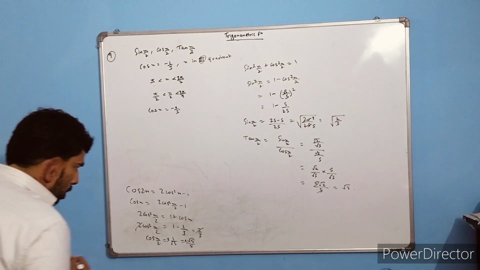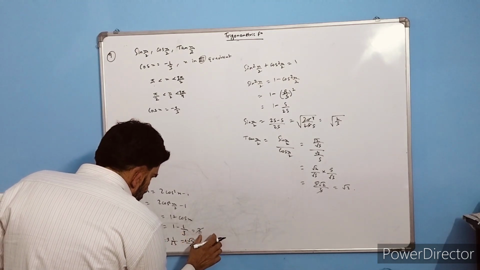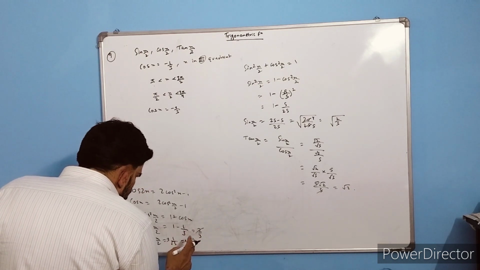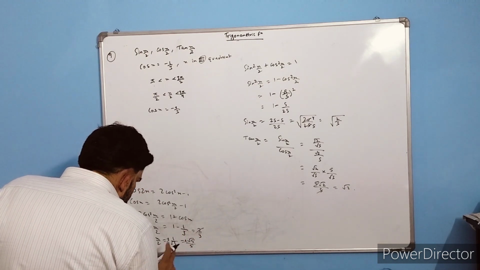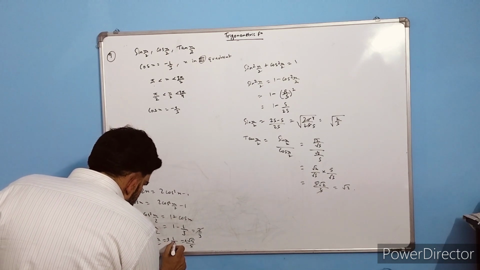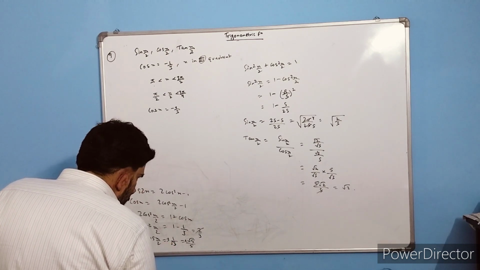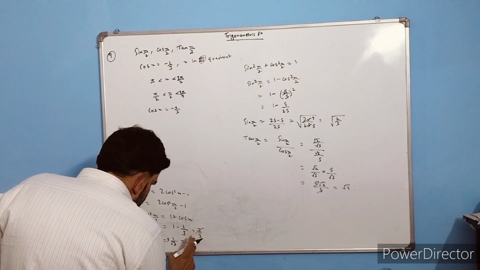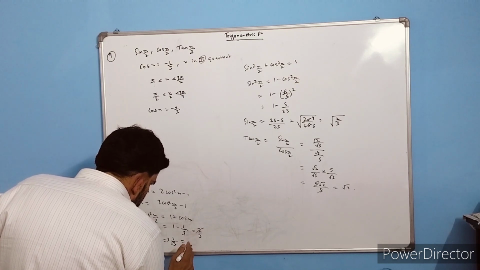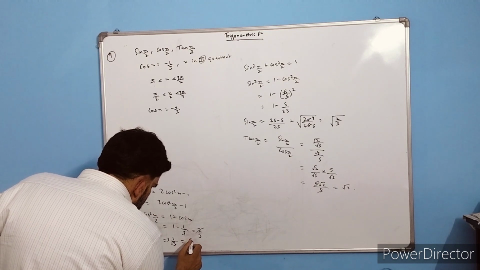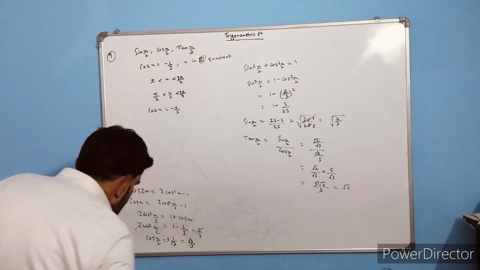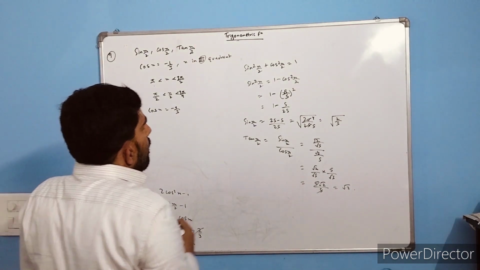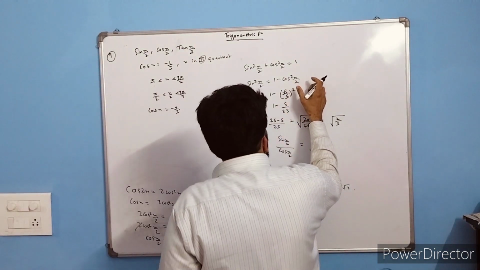Okay, so we got 2 upon 3. To cancel, we have here 3 value, 1 upon root 3. So we can sort this out if we want, root 3 upon 3. Okay, so we have got the value of cos x by 2. Now putting here, we'll try to sort it out.